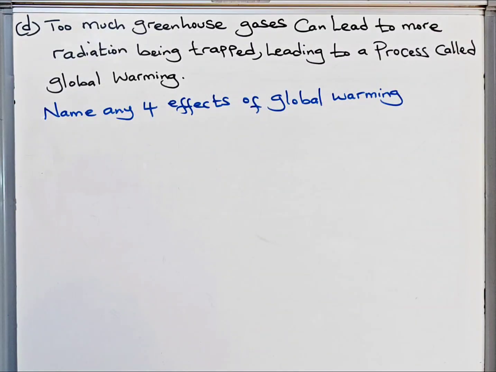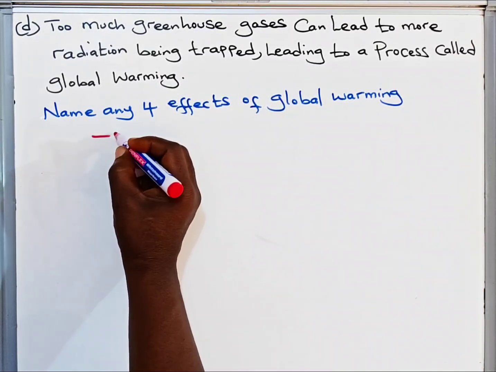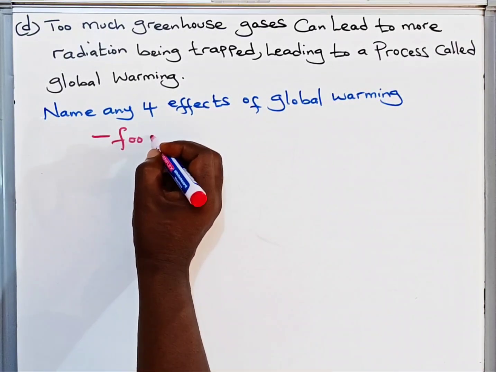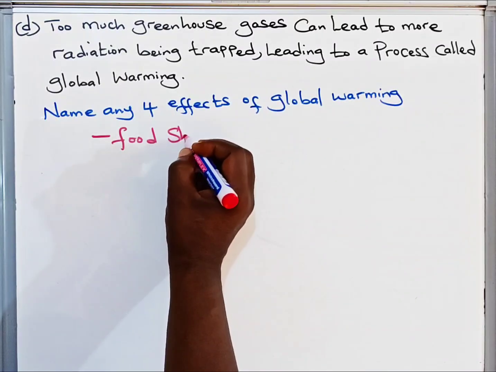There are so many effects caused by greenhouse gases trapping too much radiation on Earth. So what are the effects? The first one is food shortage.